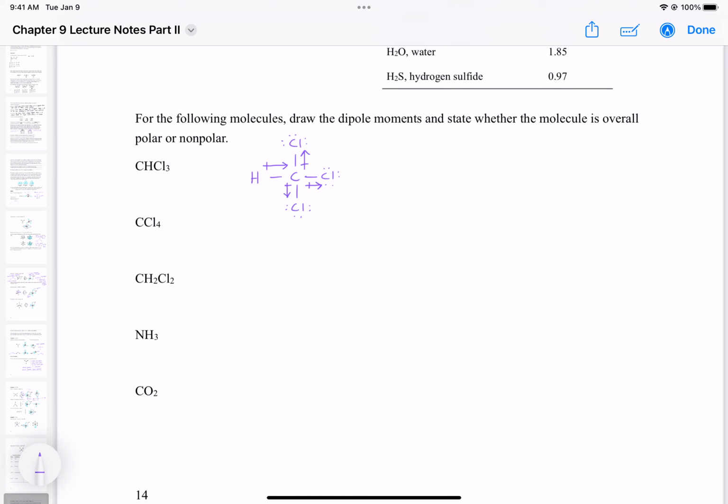So you don't have to worry about adding or subtracting vectors, but just think about the sum of the vectors pointing towards the center of the chlorine atom on the right. So we could say this molecule is polar, and the reason is it has a net dipole moment.